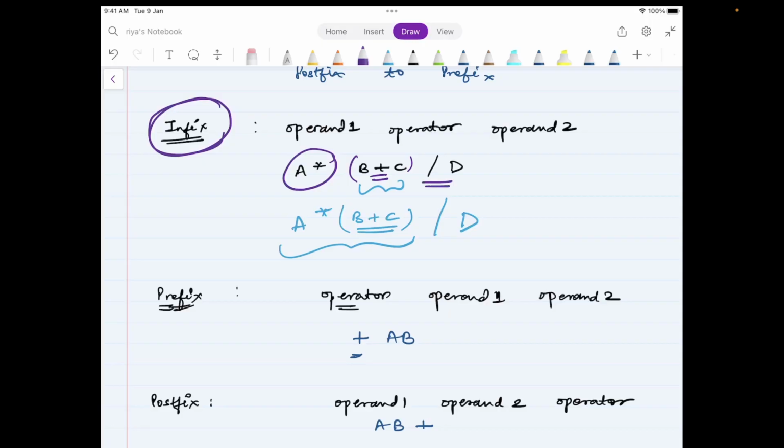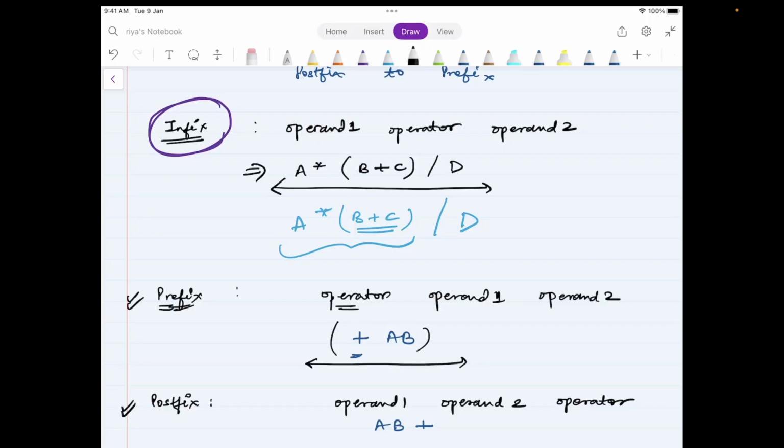So to make the expressions easier to understand and compute, we add brackets, parentheses. But remember, computers don't really understand, and it's a lot of heavy operation for them to calculate through brackets. So whatever infix expression you wrote, which is readable for you, computers convert to either prefix or postfix, because it is more readable for them.